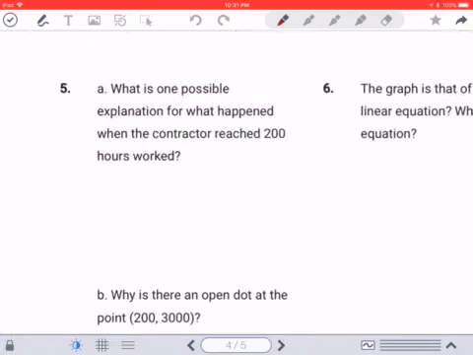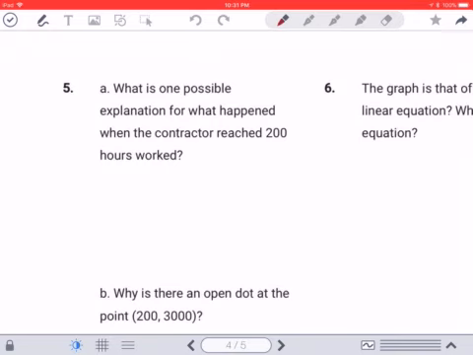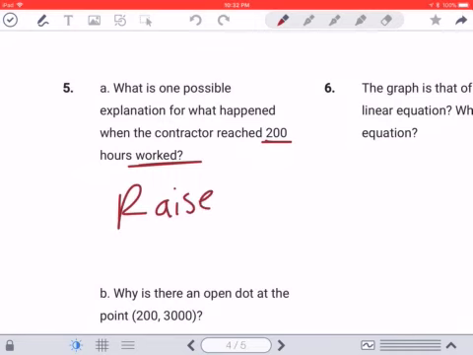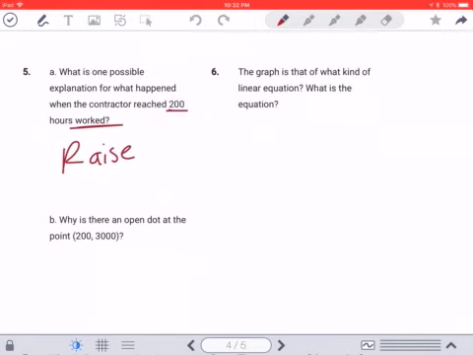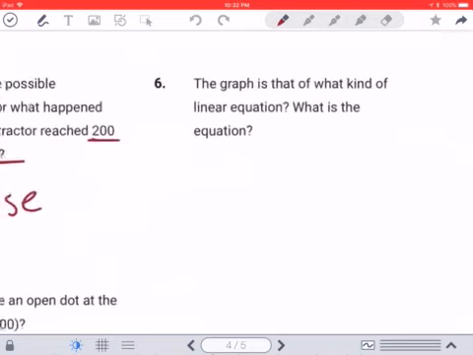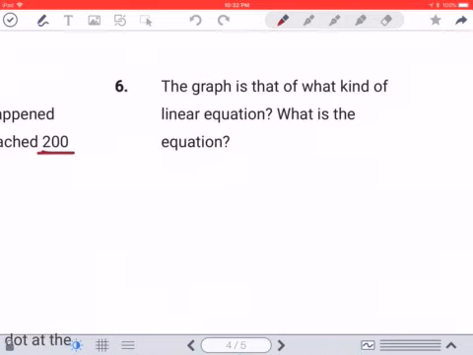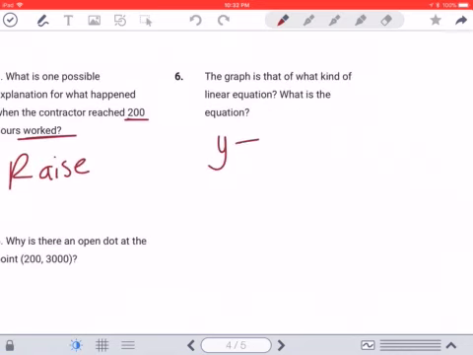Okay, what is one possible explanation for what happened when he reached 200 hours? Well, maybe he got a raise. Maybe it's a different job and he's charging more for the job. It's more difficult. Lots of explanations. Okay, the graph is what kind of linear equation? What is the equation? Okay, this is in slope-intercept form. So the equation you can use is y equals mx plus b.